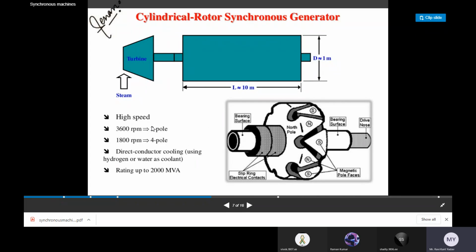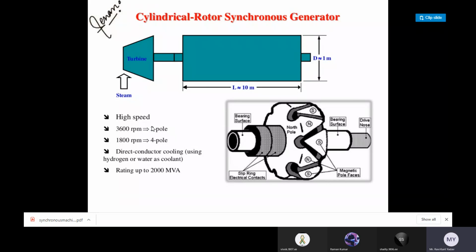Actually, if we are talking about cooling of the synchronous machine, our synchronous generators operate around 24 hours, monthly, yearly, maybe for a larger time.